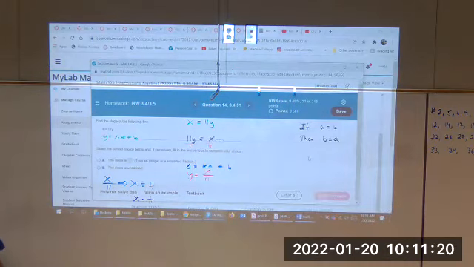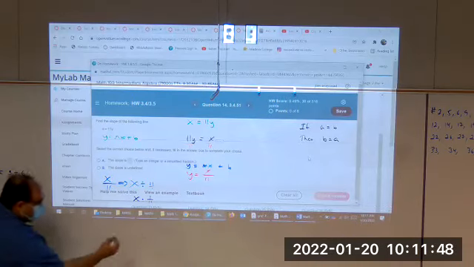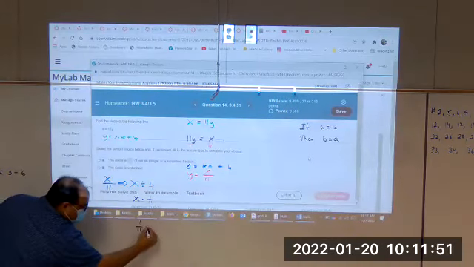Multiplication is commutative. If you have A times B, that's the same as B times A. You can switch the order. 5 times 4 is the same as 4 times 5. It doesn't work with division. 6 divided by 3 does not equal 3 divided by 6, because 6 divided by 3 is 2 and 3 divided by 6 is 1/2. You can't switch around division. But this is multiplication, the same as 1/11 times x.